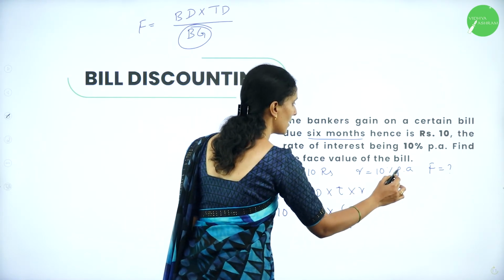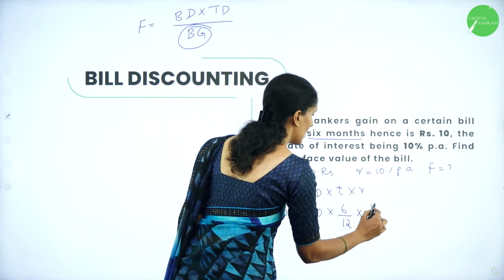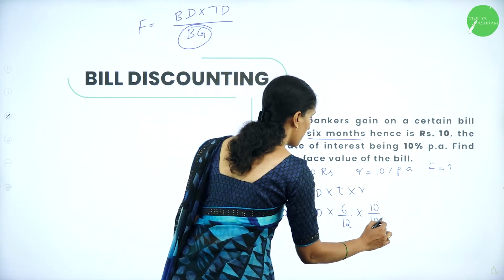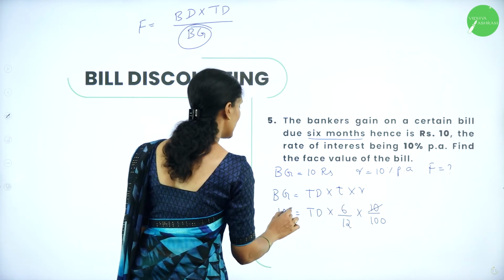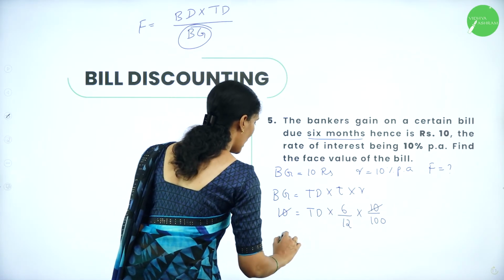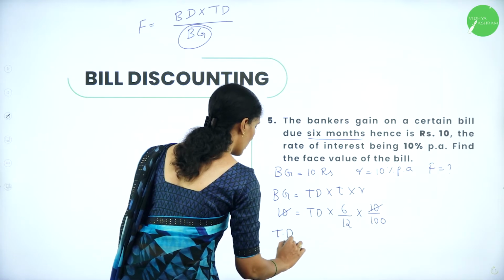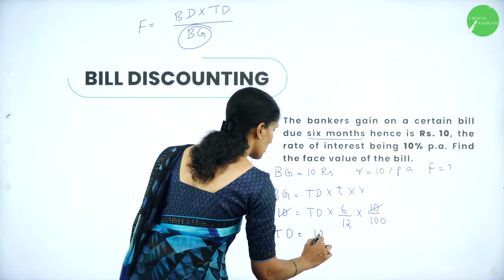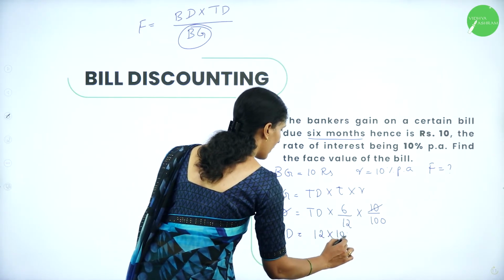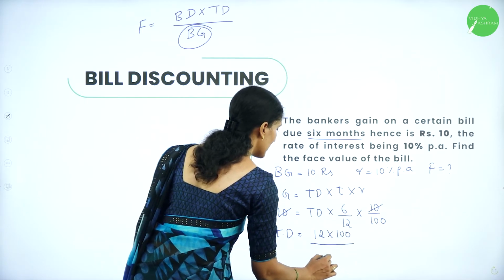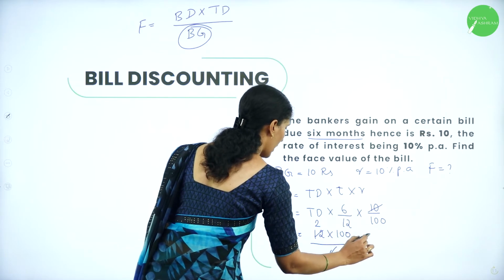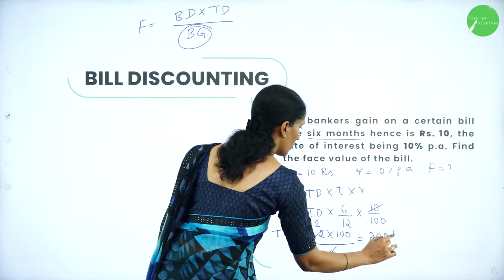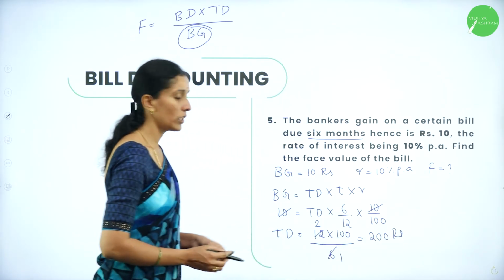Rate of interest is given as 10, so that is 10 by 100. Therefore here I can cancel 10 on both sides. So I'll get true discount is equal to cross multiply 12 into 100 divided by 6. 6 ones are 6, 6 twos are 12, so it is 2 into 100, which is 200 rupees. So this is your true discount value.